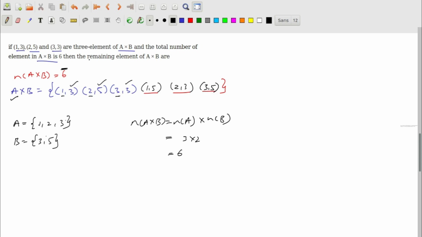So the remaining elements in A cross B are (1, 5), (2, 3) and (3, 5).